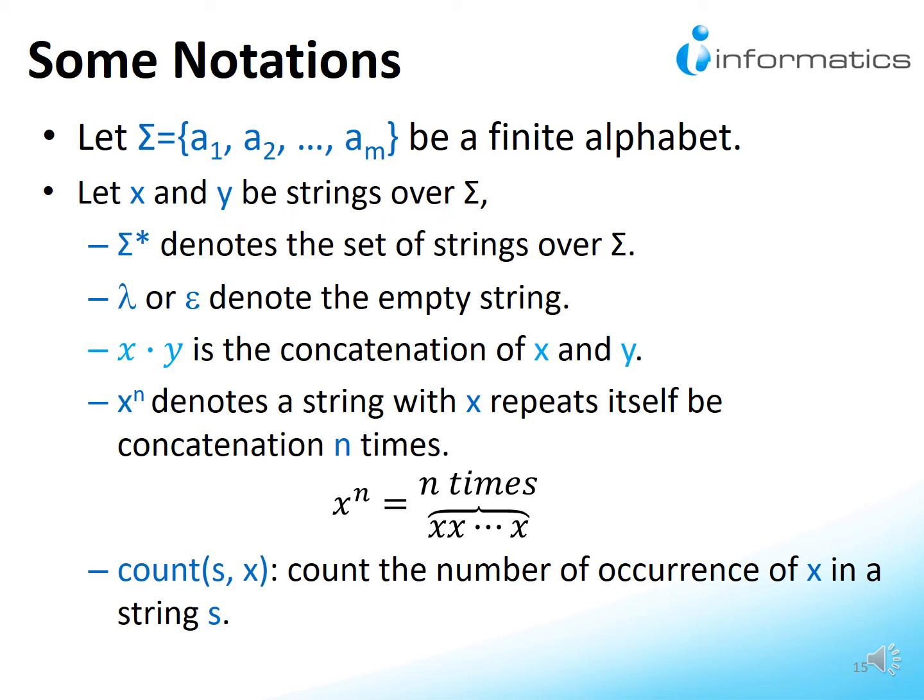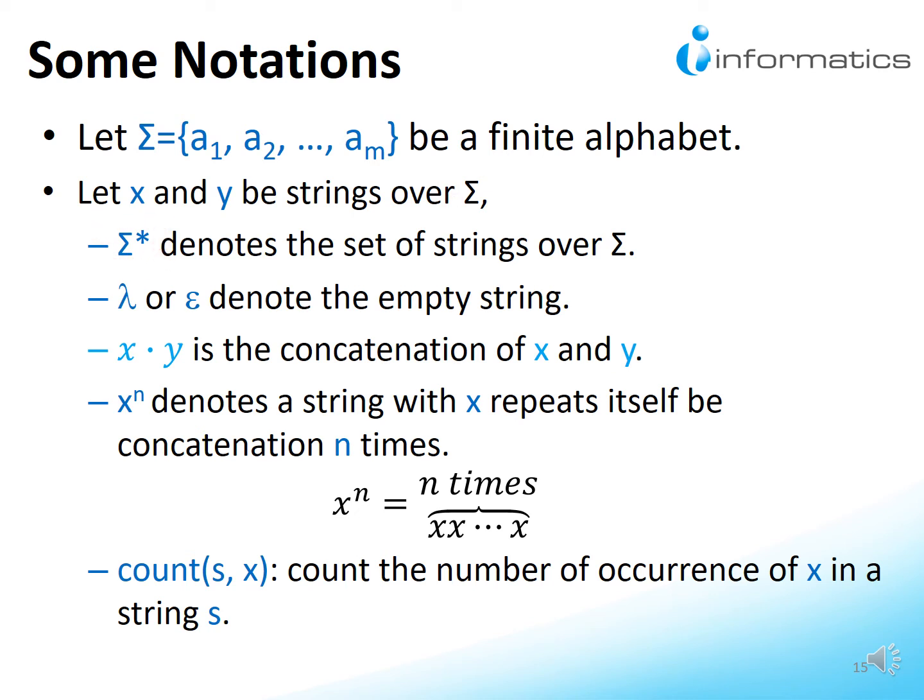From time to time, you will see this notation, sigma star. It represents the set of strings over sigma. Bear in mind that sigma is finite, we have only a finite number of characters, but sigma star is an infinite set.